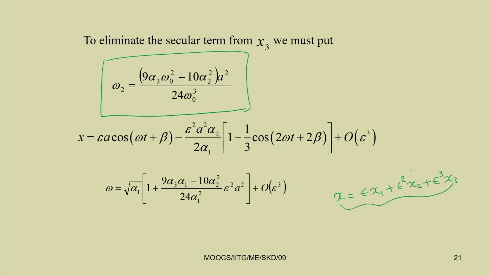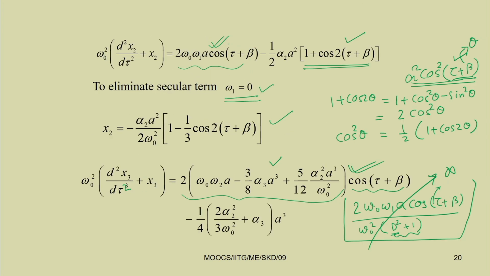So, now keeping up to epsilon square, we can write x equal to epsilon x 1. We already know the x 1 expression is a cos omega t plus beta, and epsilon square x 2 is this expression for x 2. One part we have eliminated, and the remaining part is this.